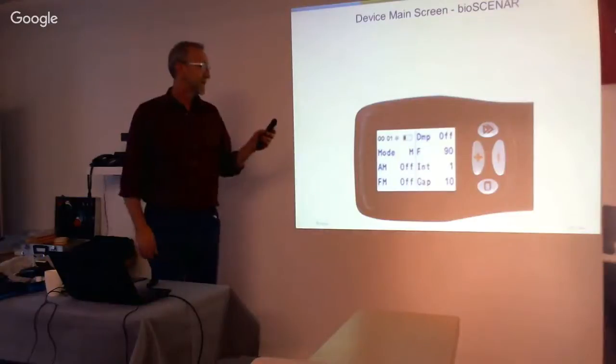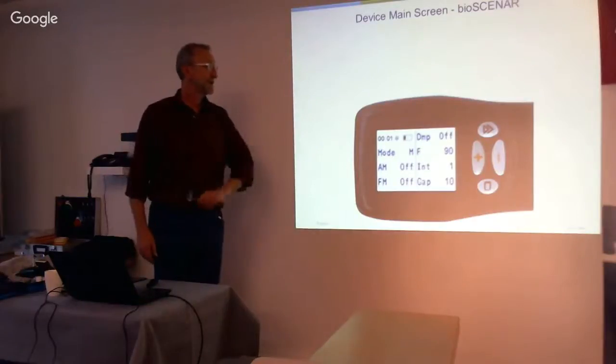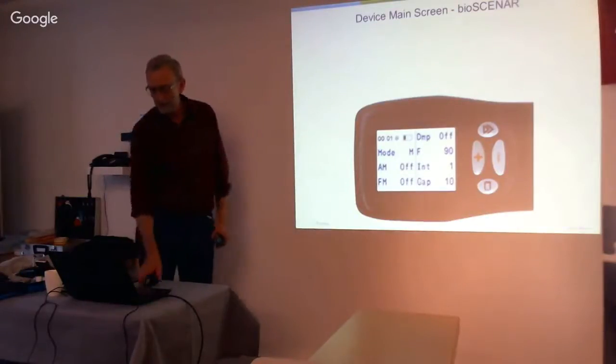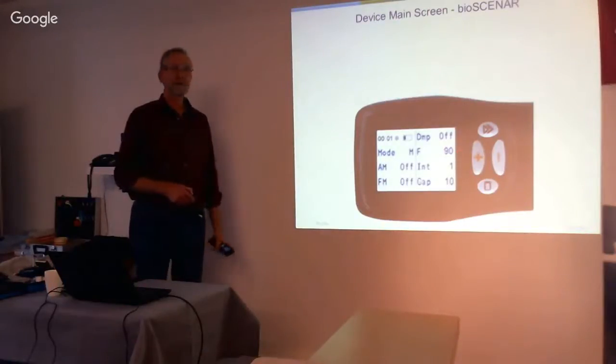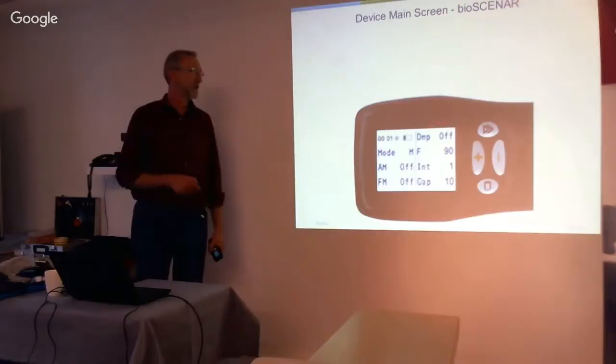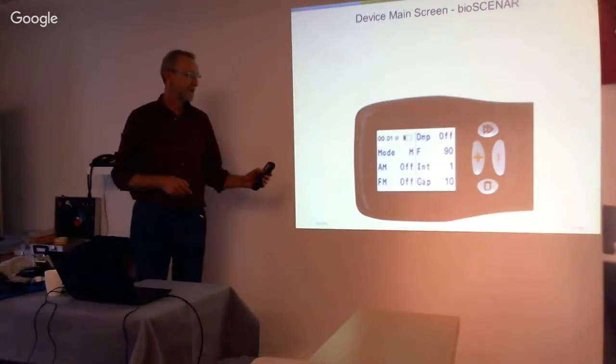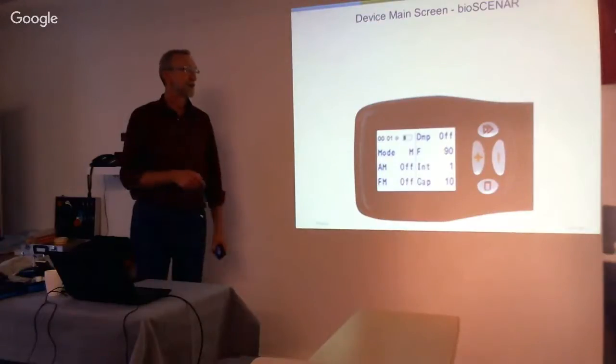Okay, so this is the main screen for the BioScenar. And we are in 90 Hertz, which is the base setting there. The energy is usually on 1, which is not indicated. It just changes when you push the plus and minus buttons there. Then you will see in the top corner what's happening.